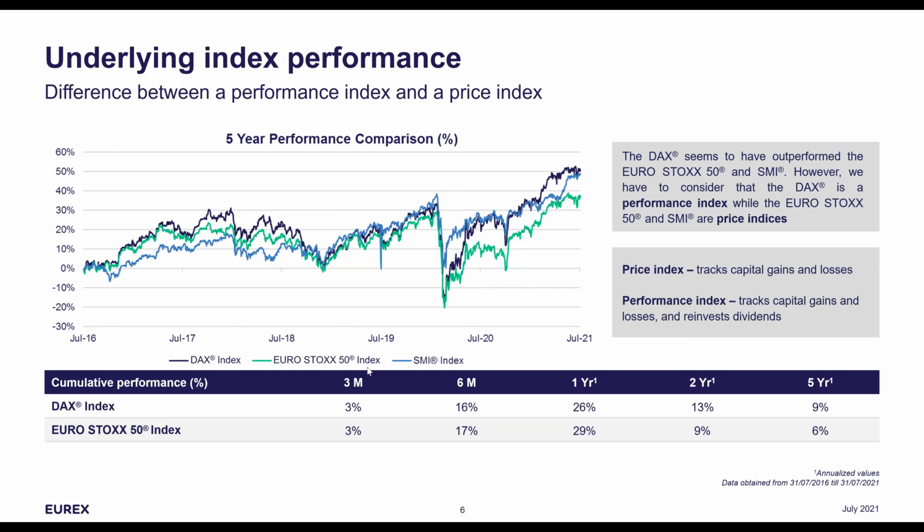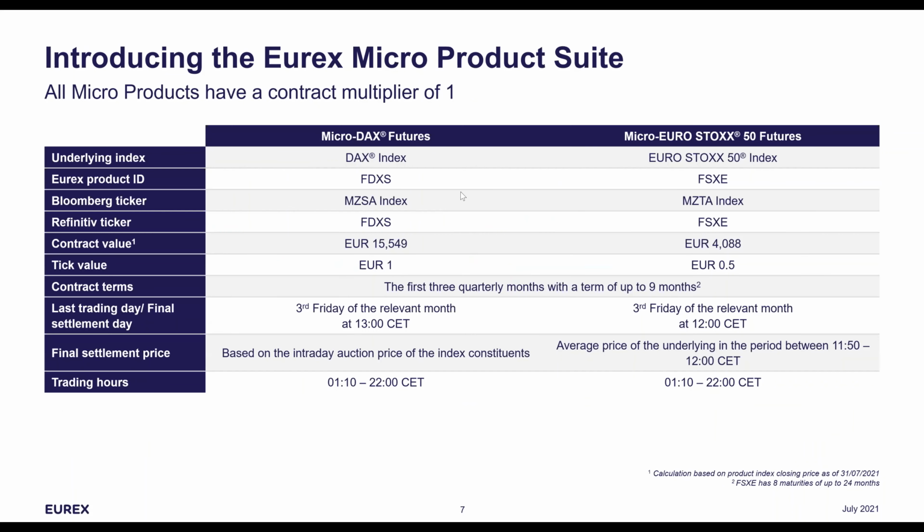And now we can switch on to the next slide on the futures itself. Eurex has already had a DAX future for 20 years, and also a Euro STOXX future, and both future contracts have been very successful. In fact, at Eurex this is the most traded future contract.